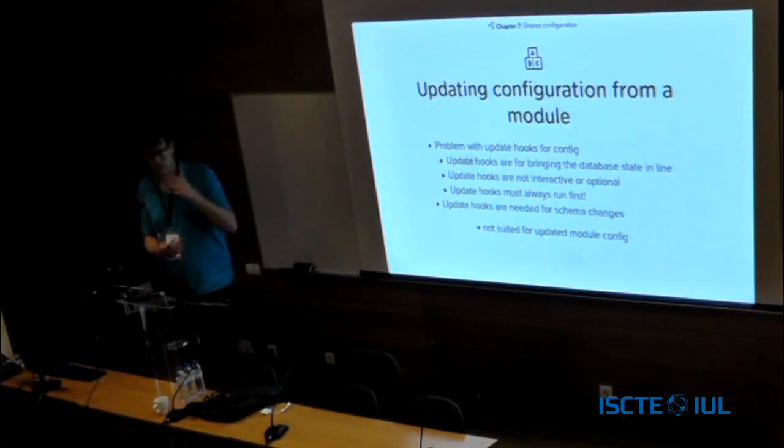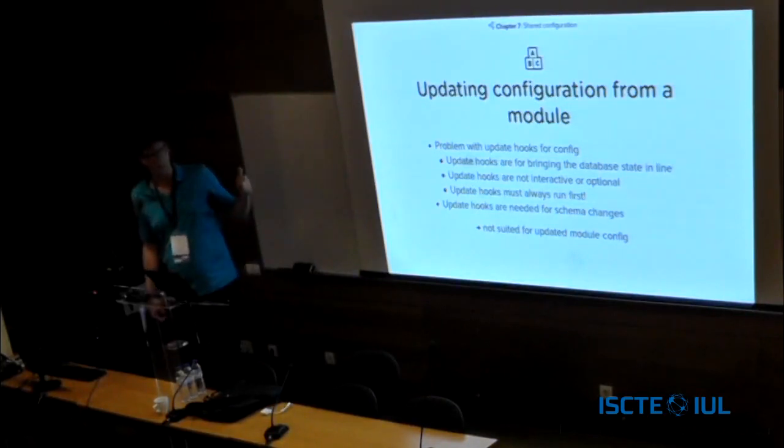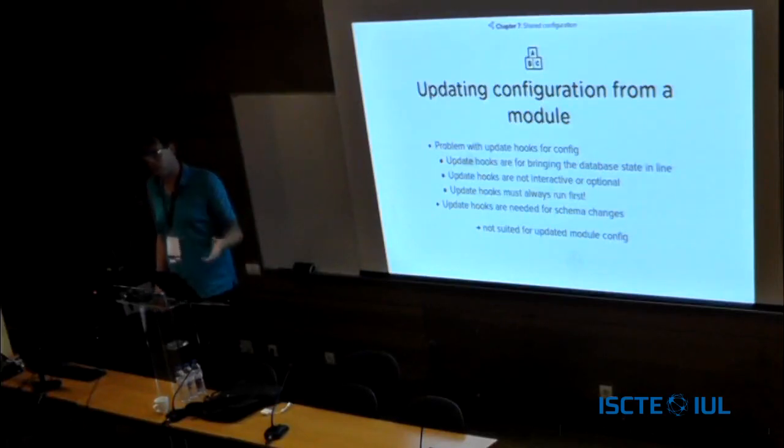And so they're not optional. They need to run. And it's the first thing that needs to run. So you do composer install, and then you run all the update hooks. Because when you composer install, you might get new modules because the composer log has changed from your colleague.